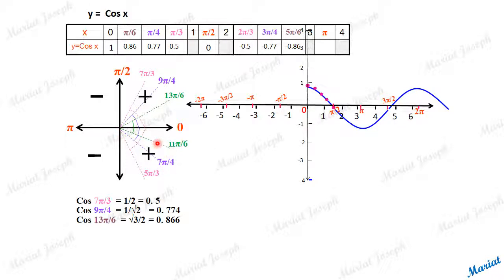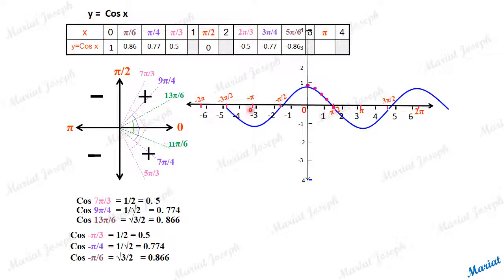Remember cos minus pi by 6 is positive. Cos minus pi by 6 is cos pi by 6. So the graph will go in the positive direction, above the x-axis, for the negative side, further and going ahead. So even the cos x graph can be drawn from minus infinity to plus infinity.